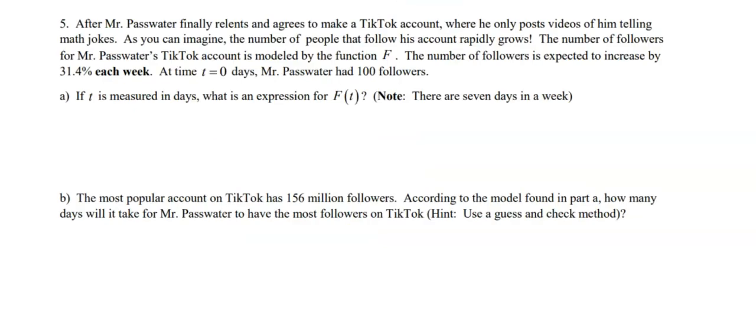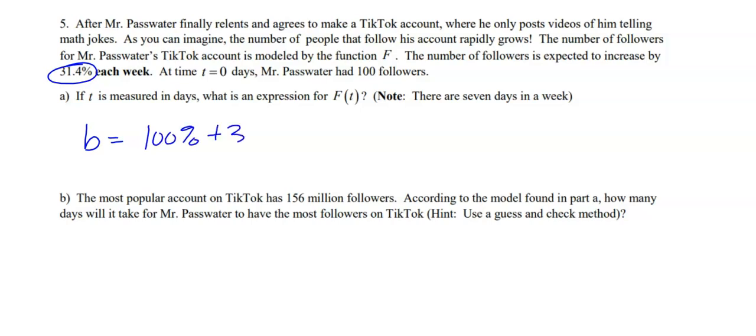And then moving on to number 5, Mr. Passwater's making a TikTok, and it looks like his account is rapidly growing. And then his number of followers increases by 31.4% each week. Okay, so to figure out what our growth factor is, what our B is, we're going to start with 100%.